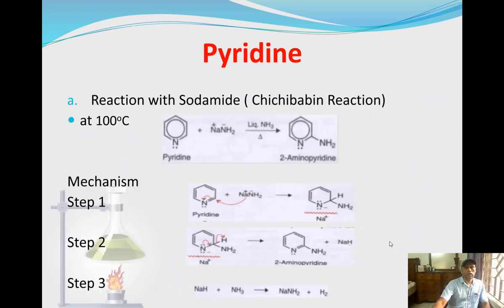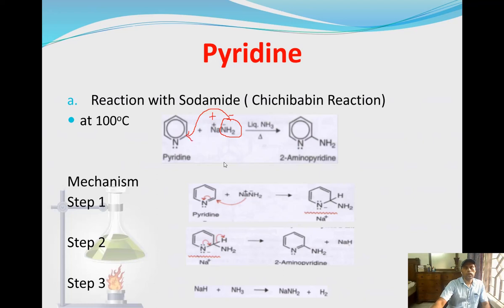Alright, these are the examples. The first example is a reaction with sodamide. This is the nucleophile, sodamide, sodium NH2. The sodium is positively charged and NH2 is negatively charged. So NH2 is going to attack at the C2 position.